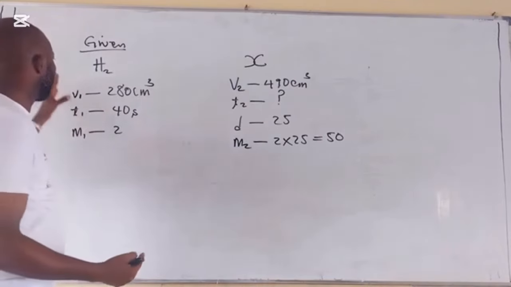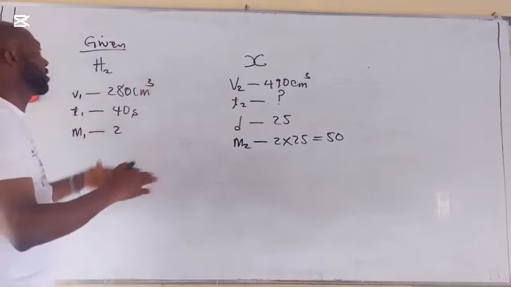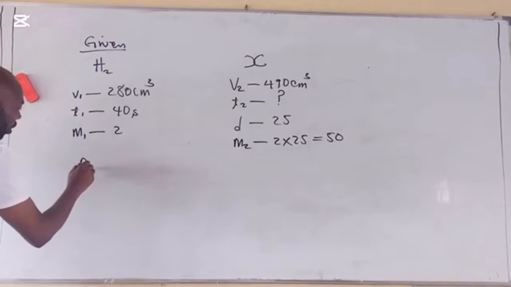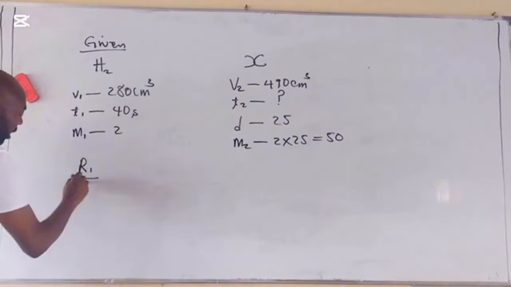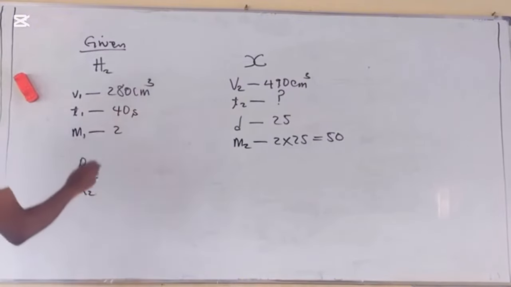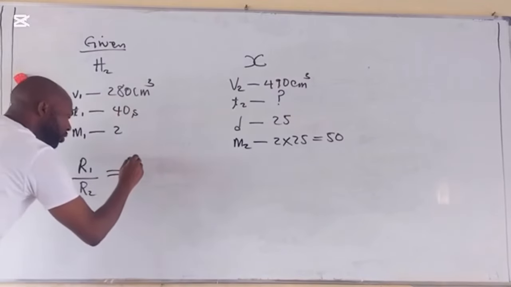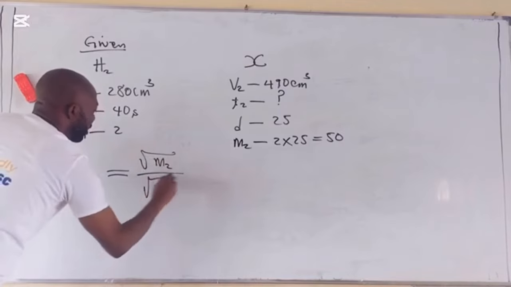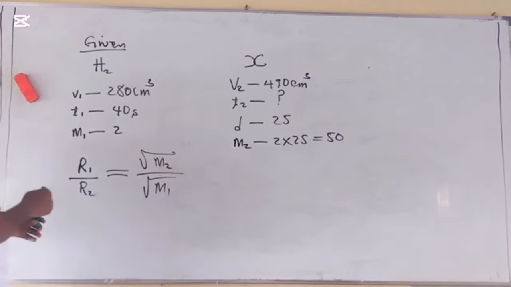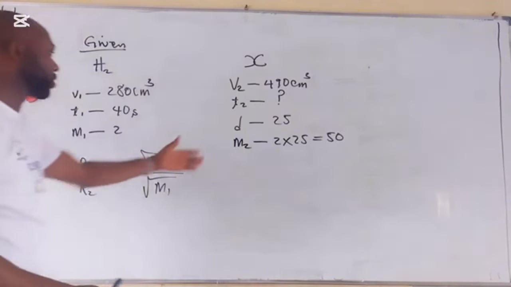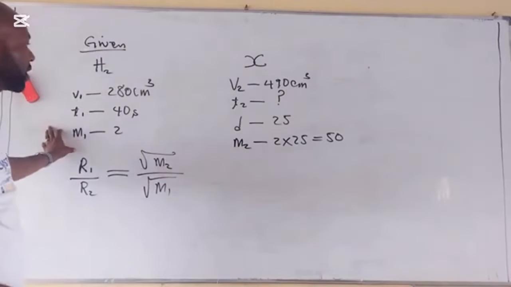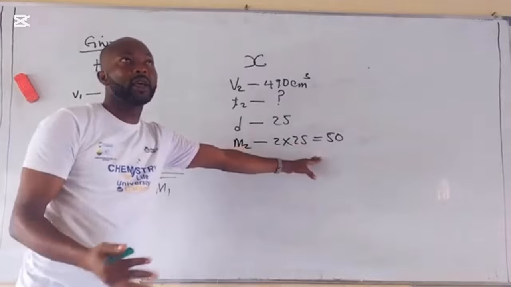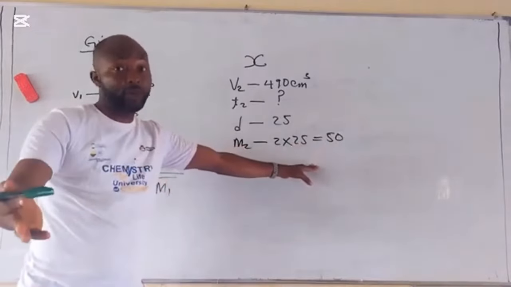Remember, we have various formulas. So now let's see how we're going to resolve this. I have my R1 for the first gas, R2 for the unknown, is equal to, I'm going to use this other formula, the root of M2 over M1. They give me the relative molecular mass of hydrogen, and I'm able to get the other one because I remember the formula that says relative molecular mass is 2 times its vapor density.